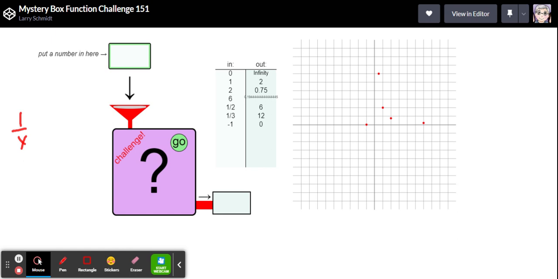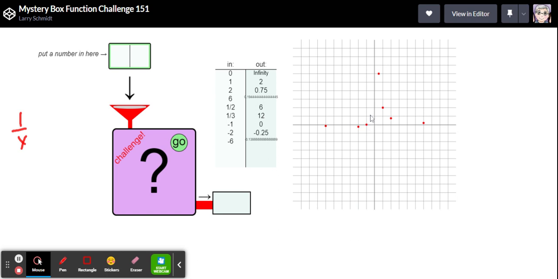Let's try a few more values. So maybe -2. And there we are below. Let's go out a little further, maybe -6. Now it looks like we're coming back up towards it and getting closer and closer. That's really interesting.